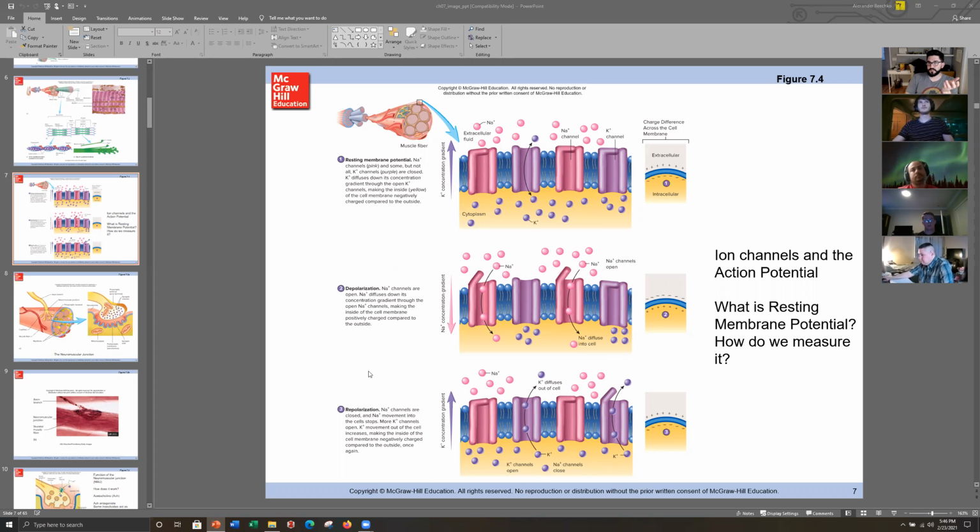So when we talk about a resting membrane potential, what we're talking about is at rest, the muscle cell is prepared to perform some sort of work. It's prepared to transform the potential energy that it has stored up outside of the cell, where we have lots of sodium, and it's prepared to open up these channels and allow sodium to flow into the cell and move down its gradient, thereby transforming that potential energy into chemical energy. So that's where that term potential comes from.